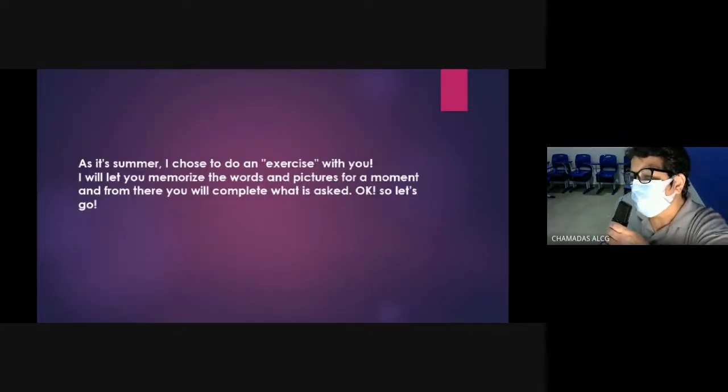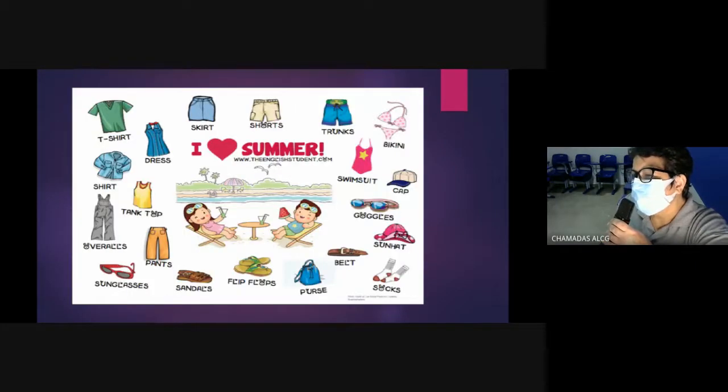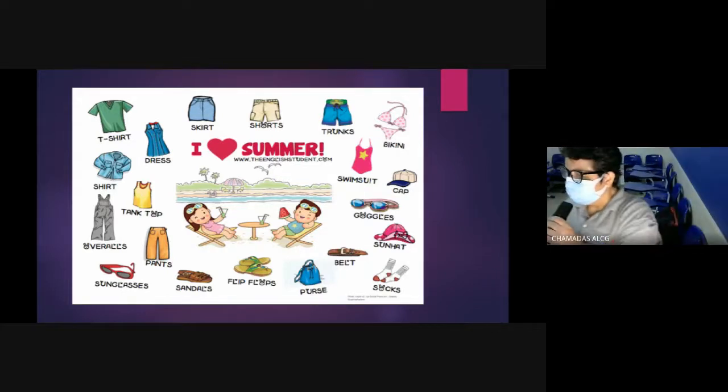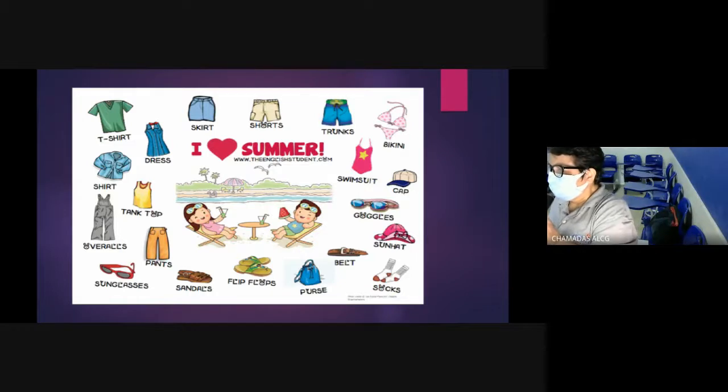I chose to do an exercise with you. I'm letting you memorize the words and the pictures for a moment, and from there you'll complete what I ask. Okay, so let's go. This is the picture. So, memorizing moment.